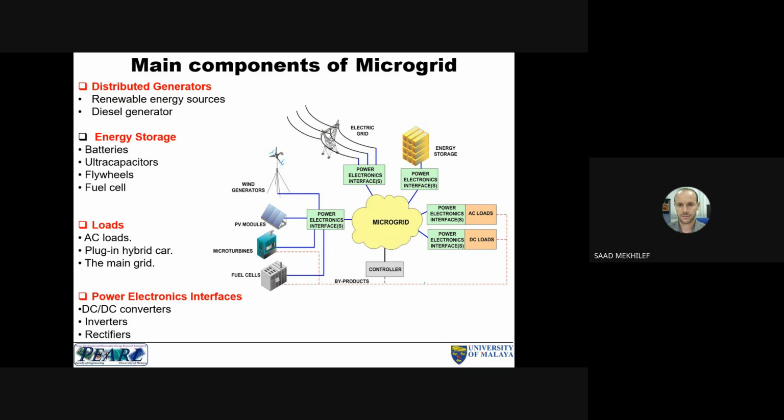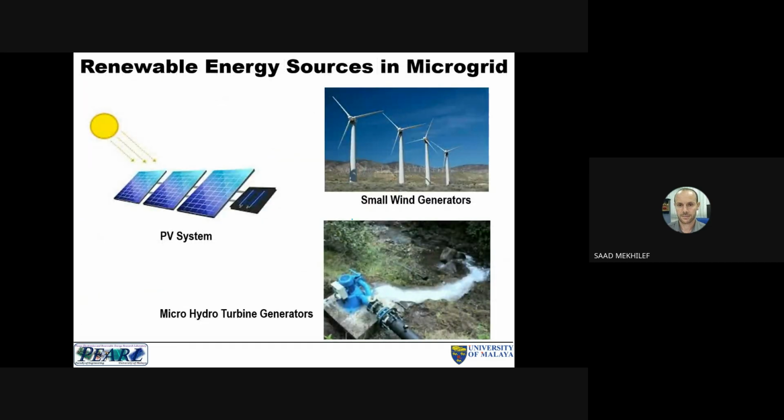So just as a recap, this is a typical structure of a microgrid. It doesn't mean it has to have all these components, but some of these components are required for the microgrid to work. One of the main reasons for using microgrids is to make use of renewable energy resources.